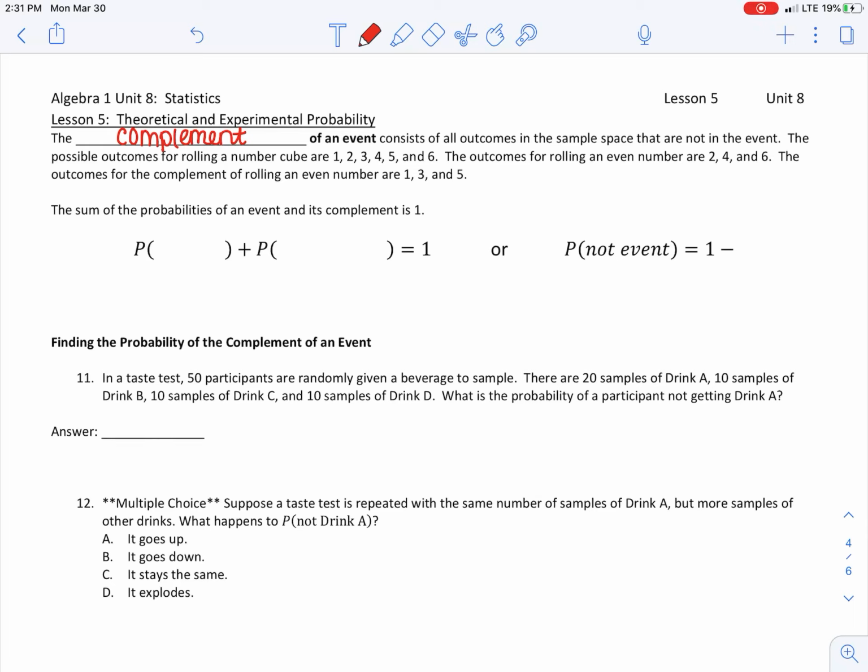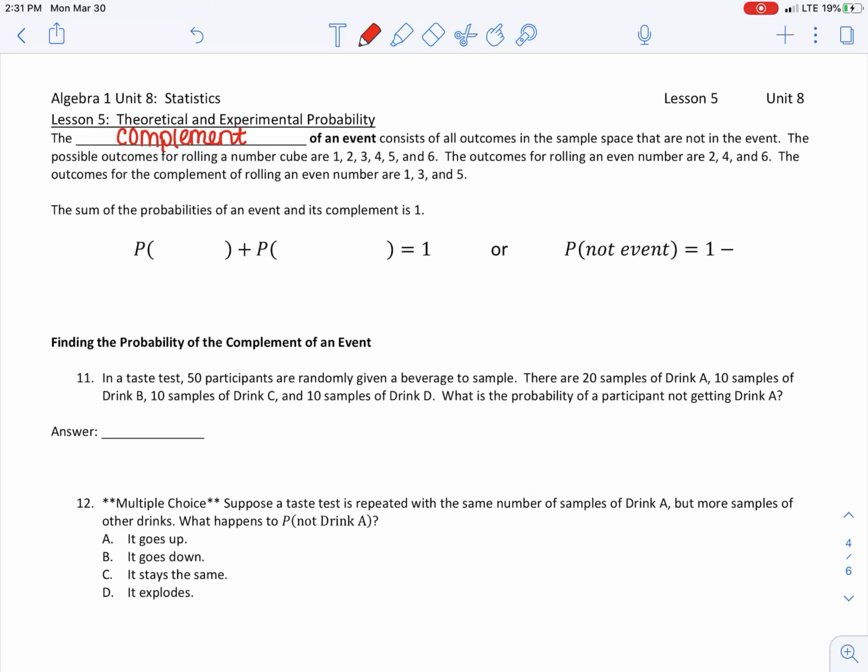The possible outcomes for rolling a number cube are 1, 2, 3, 4, 5, and 6. The outcomes for rolling an even number are 2, 4, and 6. So the outcomes of the complement of rolling an even would be rolling those odds, 1, 3, and 5.